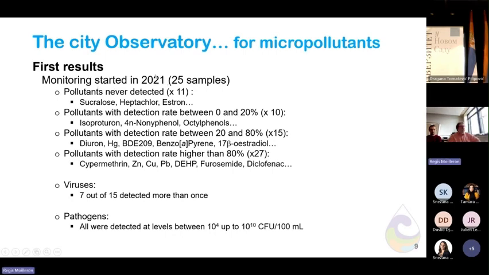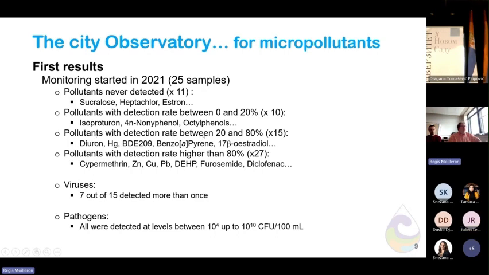Just to show you the type of results we get so far, the monitoring started in 2025, so we already analyzed 25 samples. Some pollutants were never detected, 11 of them, such as sucralose, heptachlor, and estrone. Some others were detected at a rate between 0 and 20% of occurrence, 10 of them, isoproturon, nonylphenol, octylphenols.